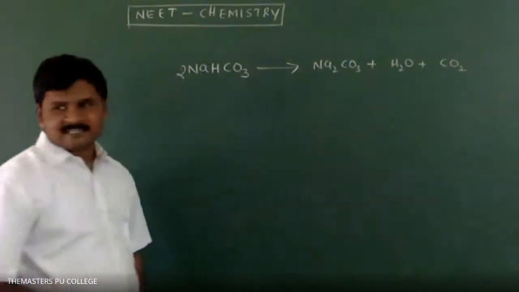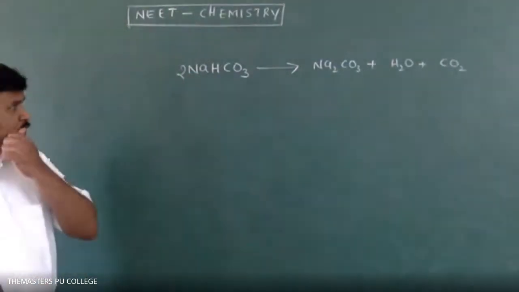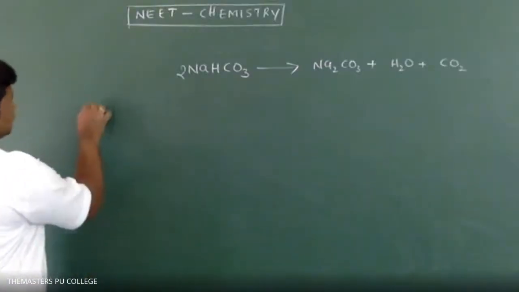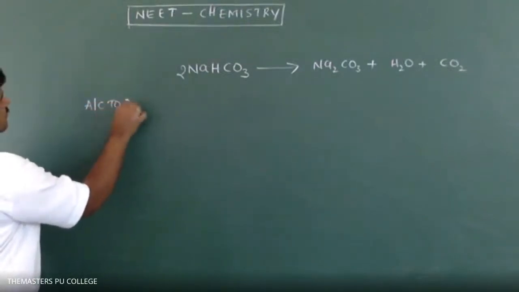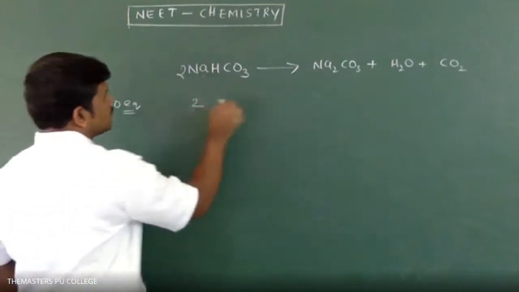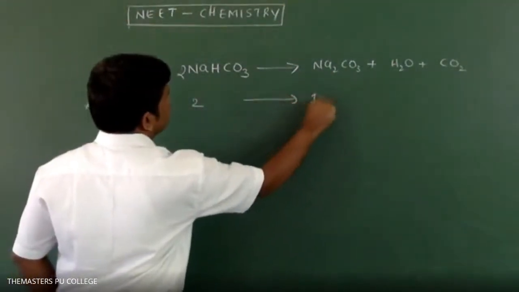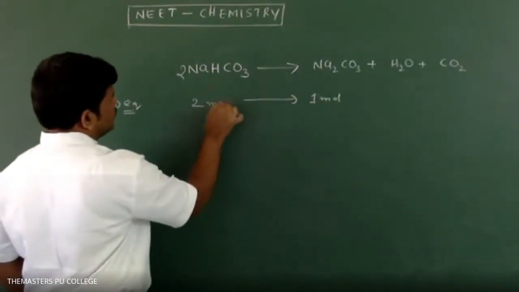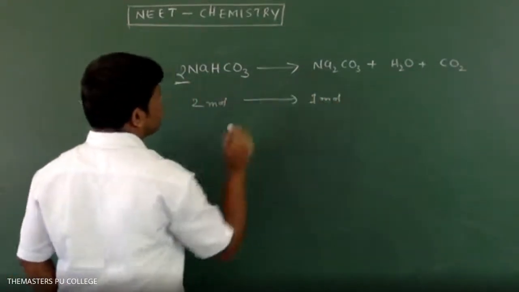Good, balanced reaction: 2 NaHCO3 gives Na2CO3 plus H2O plus CO2. Okay? According to the equation, 2 moles of NaHCO3 gives 1 mole Na2CO3.